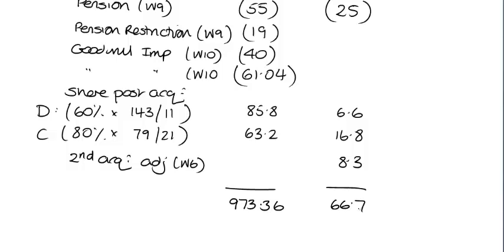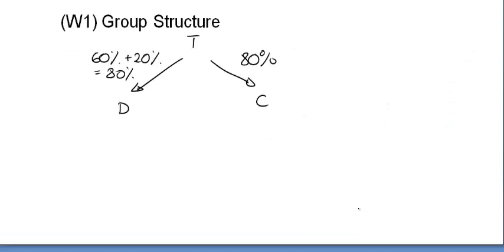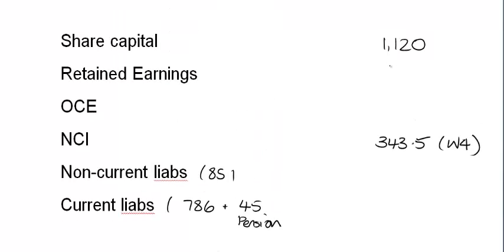Those figures, of course, have to be transferred to the face of the statement of financial position. Retained earnings 973.36 from working number 5, OCE 66.7 from working number 5.